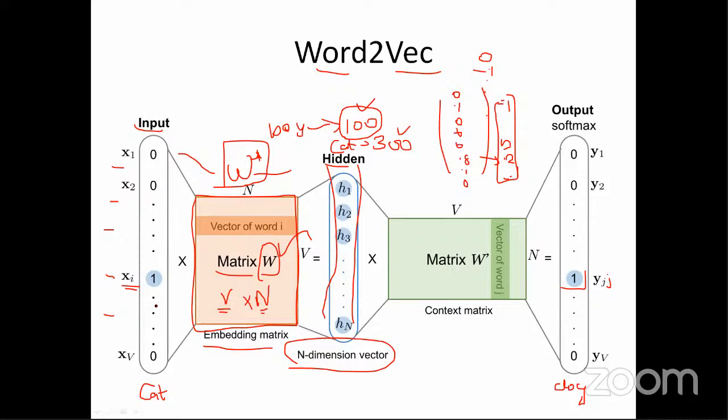This can be anything, ma'am. Usually they go with alphabetical order and then assign the values. This is the initial representation, and initially the size will be the V size. V means vocabulary. In a corpus, the vocabulary size may be 50,000. That's what I said, it's a sparse representation.